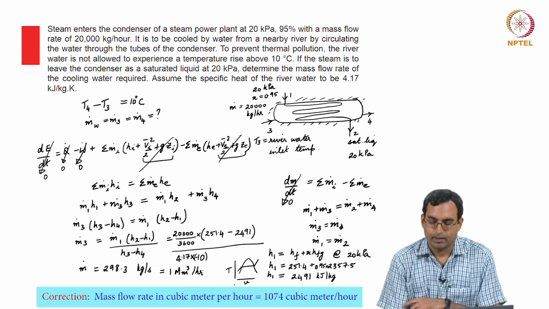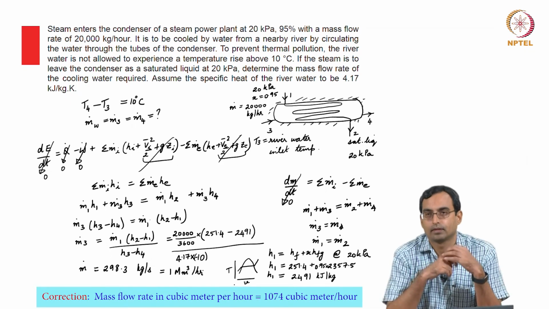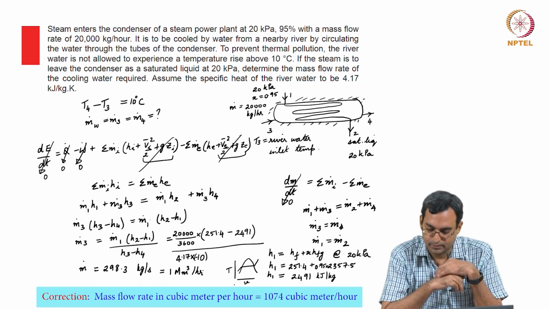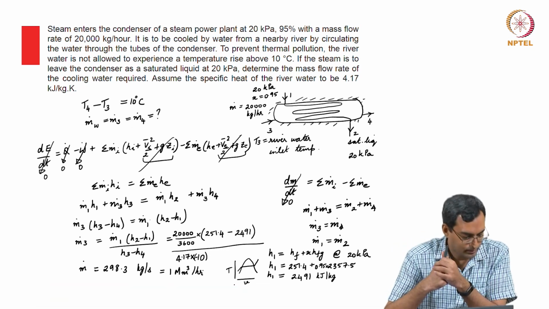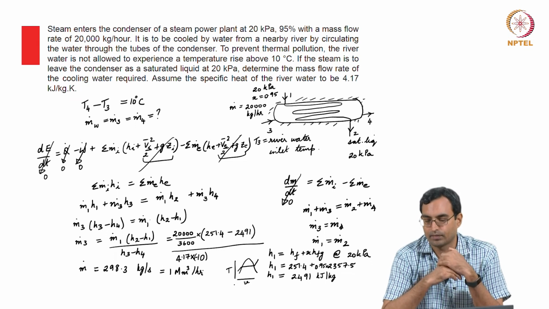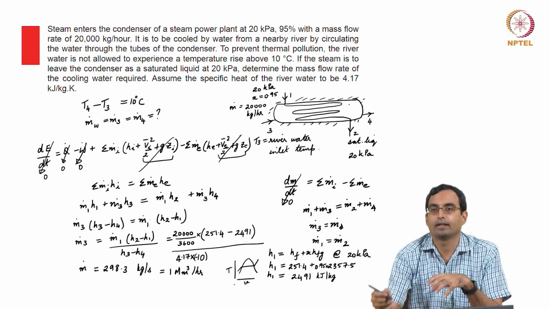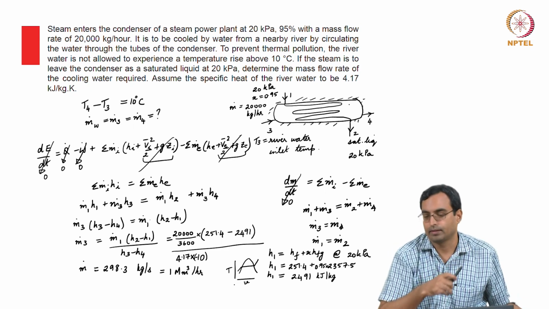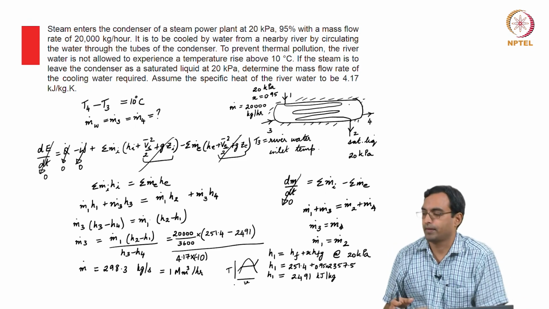So, we see that we need a huge quantity of water to cool this steam such that the temperature of the water does not increase too much. This is of course something which we have seen in all power plants, because we are trying to generate a lot of power to power the entire city.